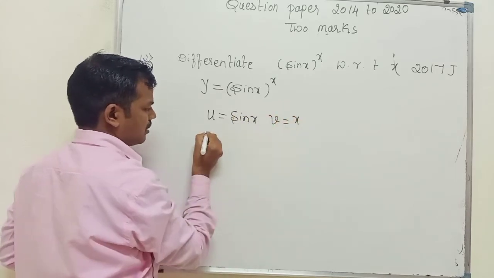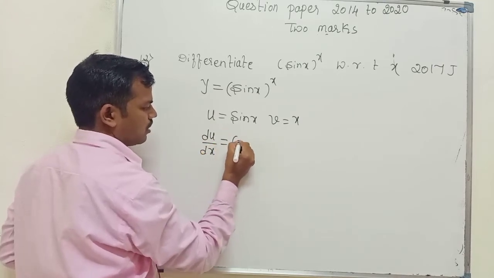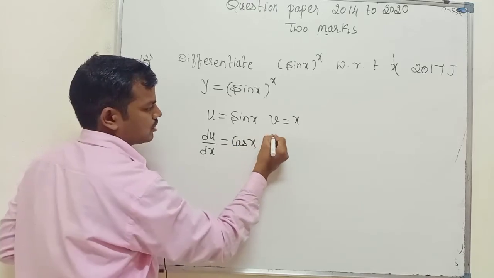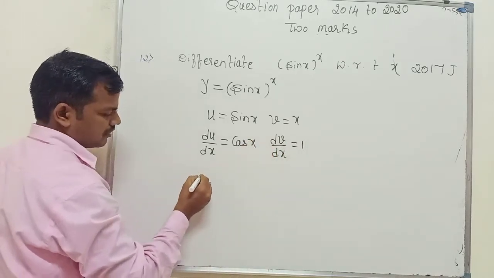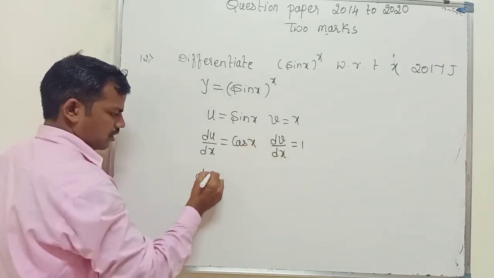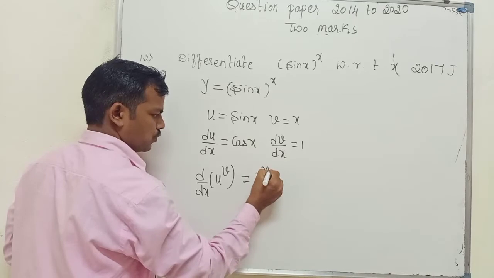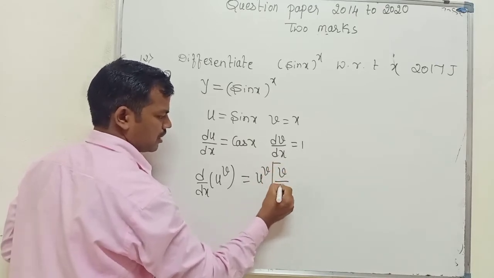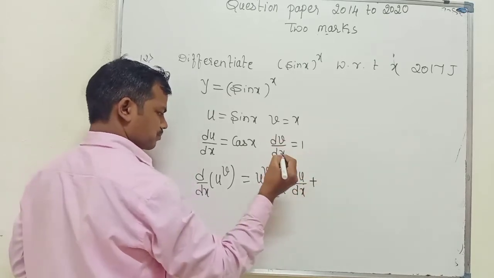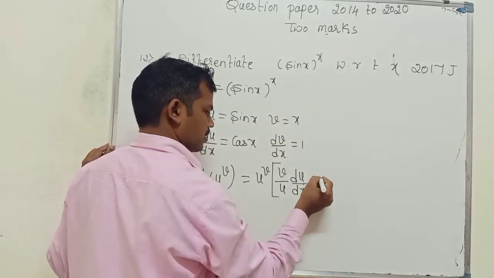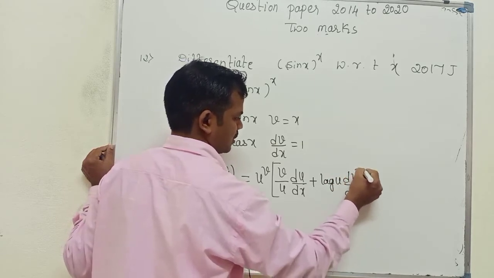Differentiate: we have to find du by dx and dv by dx. The derivative of the function u raised to v is u raised to v into, in brackets, v by u into du by dx, plus log u into dv by dx. So this completes the formula.